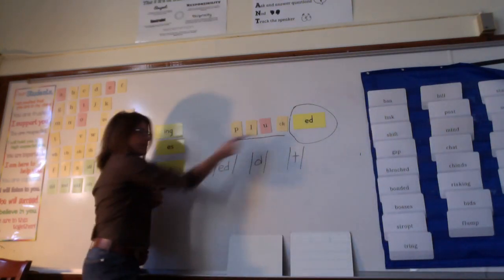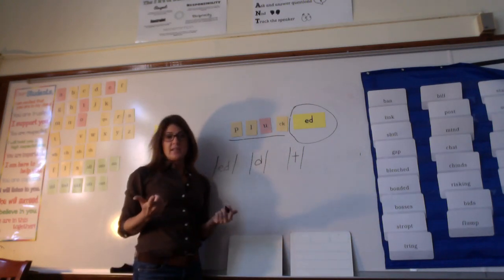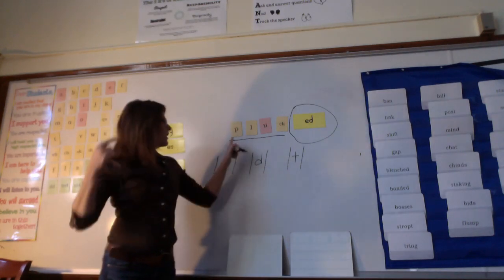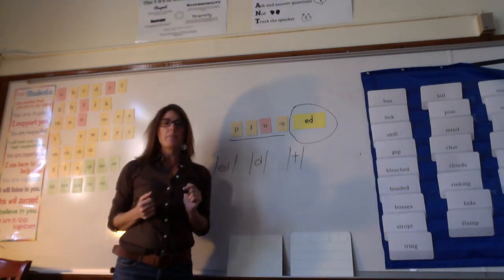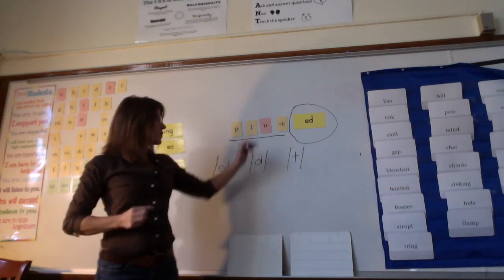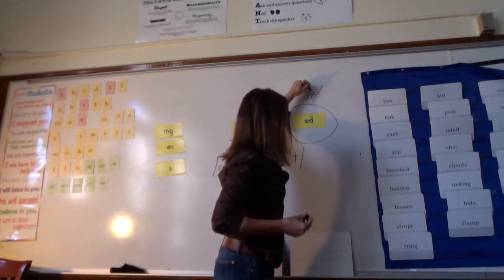So let's read this and we'll see which sound we hear. If we hear the T, the D, or the ED. So plucked, plucked. I hear a T sound at the end. So this one right here would be a T sound.